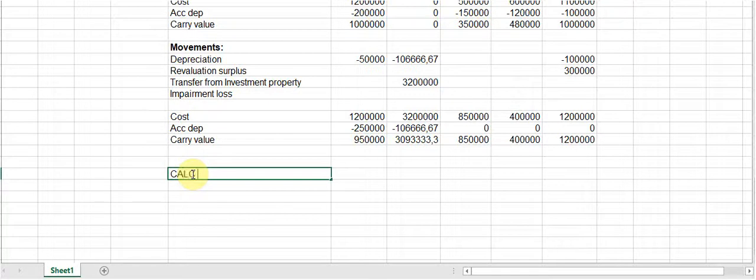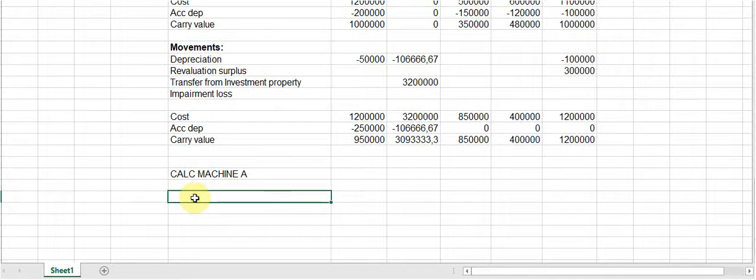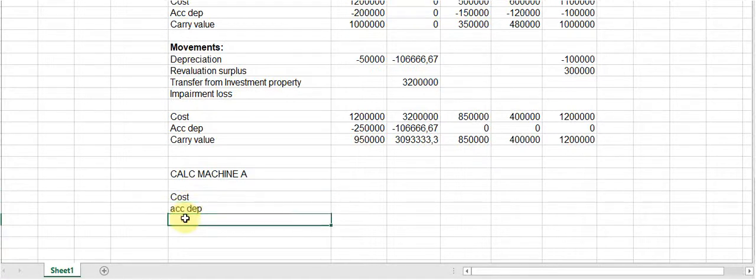So we're first going to do a calc for machine A. And for machine A, we need to go and see what is the rule. They say it's a straight line over 10 years. So we have a cost. We have an accumulated depreciation until the beginning of the year. We have a current year depreciation. So the cost was 500,000.